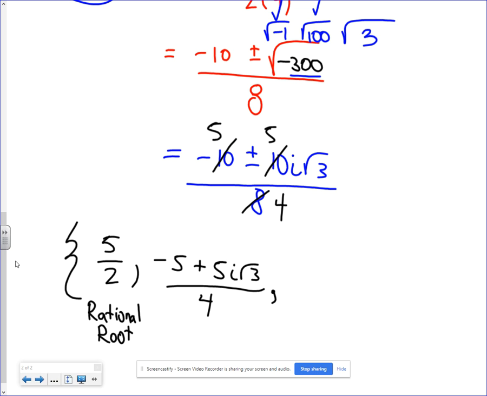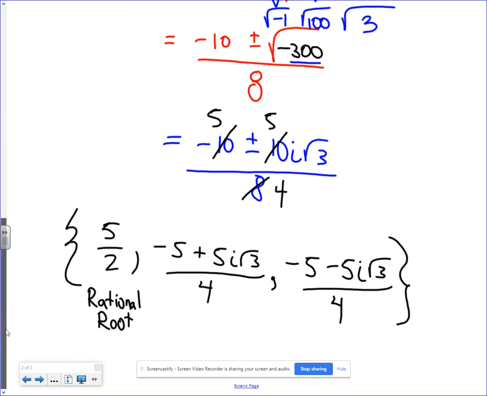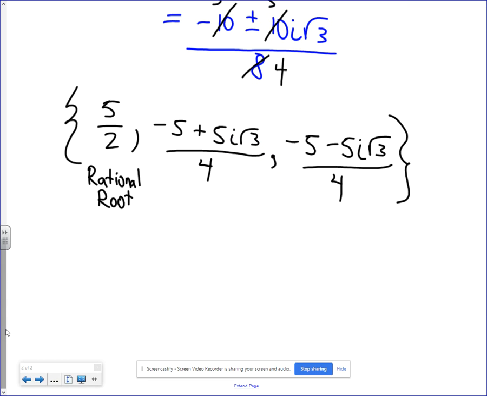And then the third root is negative 5 minus 5i radical 3 over 4. These 2 roots are complex roots, or imaginary roots.